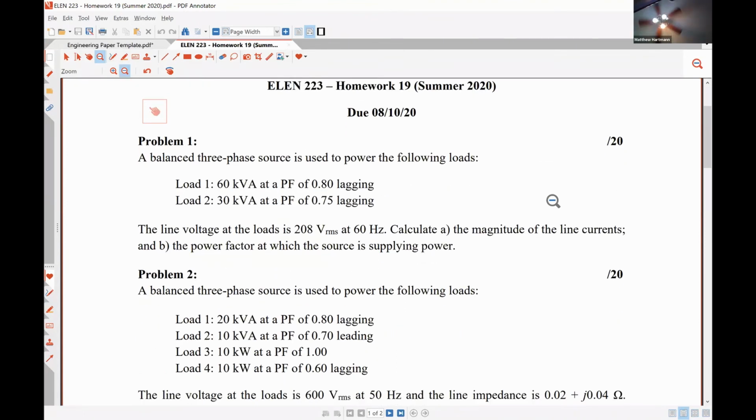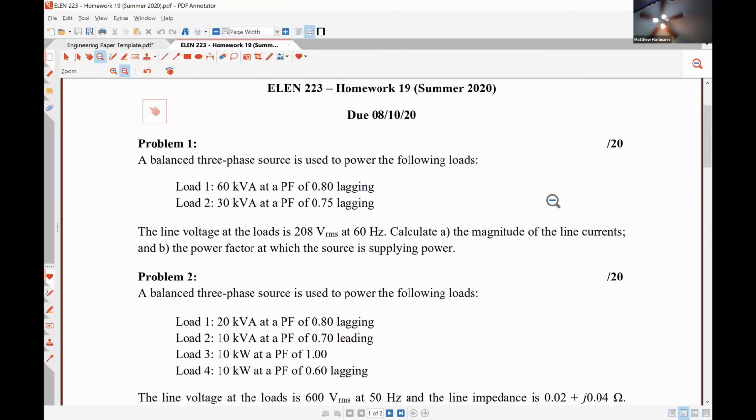All right, so problem one, I don't give you a circuit diagram or anything like that. And that's one of the great things about a lot of the power problems: it really doesn't matter whether you're looking at a Y-Y system, Y-delta system, etc. If we take a look at problem one here, it says we have a balanced three-phase source, doesn't tell us whether it's Y or delta, used to power the following loads.